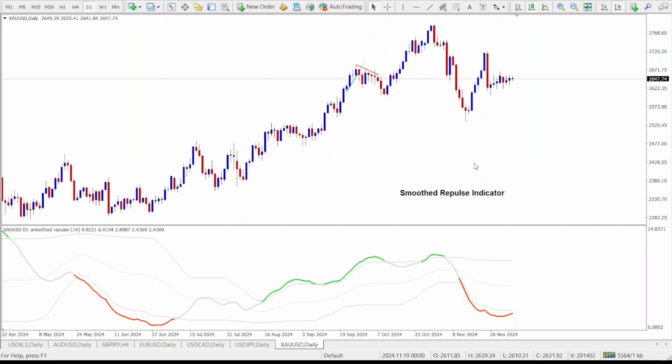Okay, so basically, you do not have to pay attention to every single line movement, to make things easier for you.